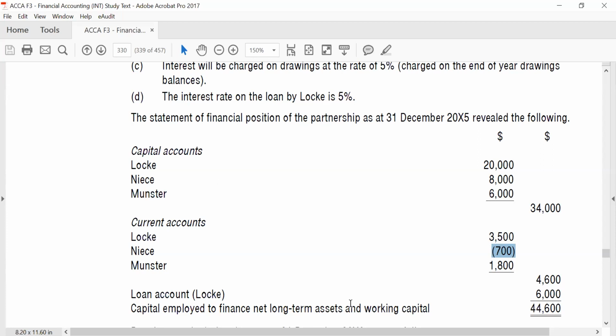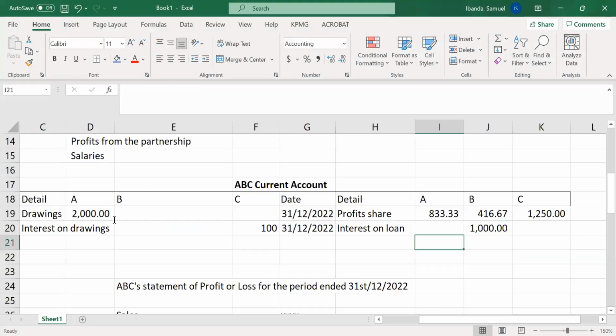Now, if you remember how our current account looked like here. So you can see that there are cases when you balance off this account and this account gives you a debit balance. Now, a current account ideally should have a normal credit balance, but there are cases where this account can have a debit balance.